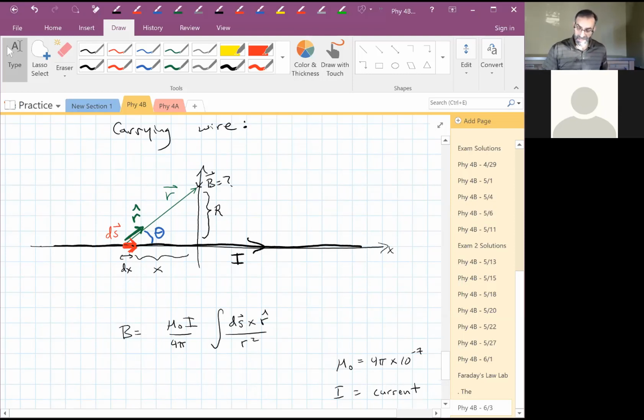If this is my x, and this is my y, I put my fingers in the direction of dx, roll them toward r hat, I get out of the page, or the z direction, right?